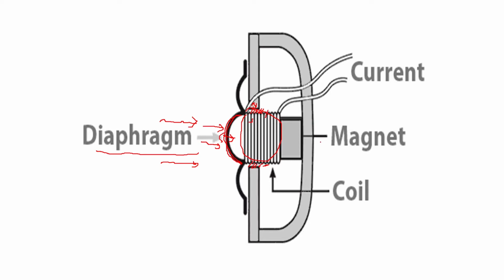So this is your permanent magnet here. Now, when this diaphragm vibrates because of sound input, that vibration will make this coil move in and out. So this coil also will have a movement in and out.